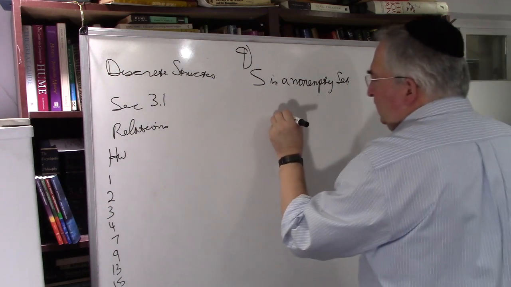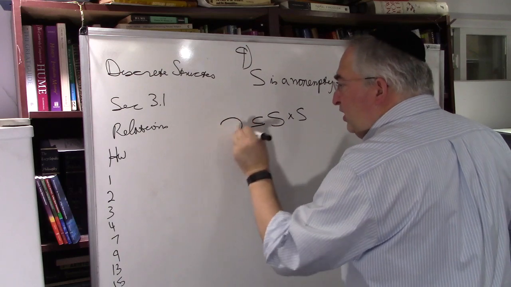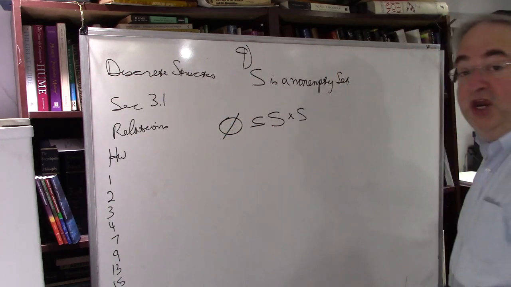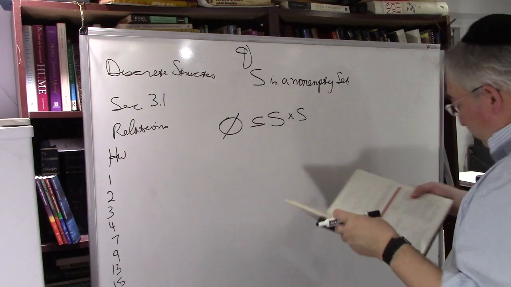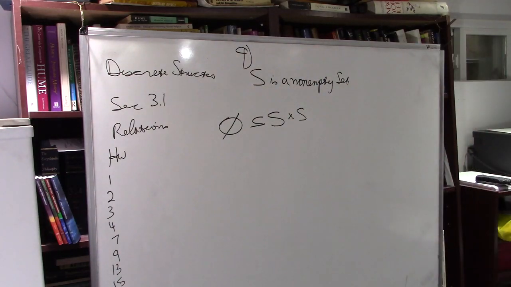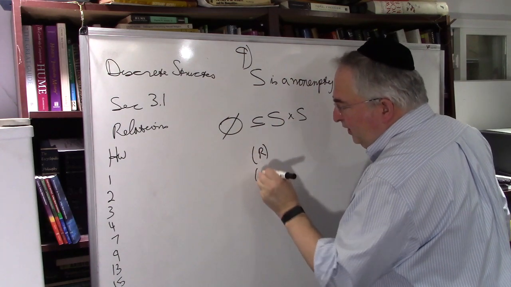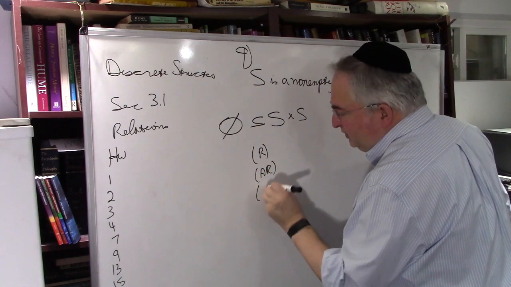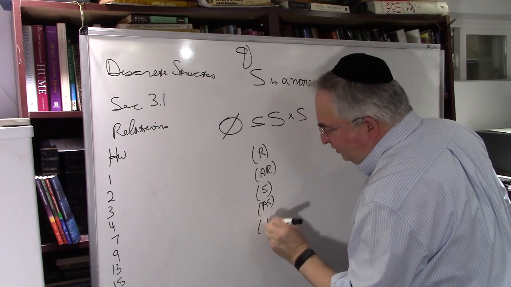So we're interested in a relation on S. And which relation? Like that. Nothing is related to anything else. Okay. Which of the properties does nothing possess? So now we have to go through this. Reflexive, anti-reflexive, symmetric, anti-symmetric, transitive.